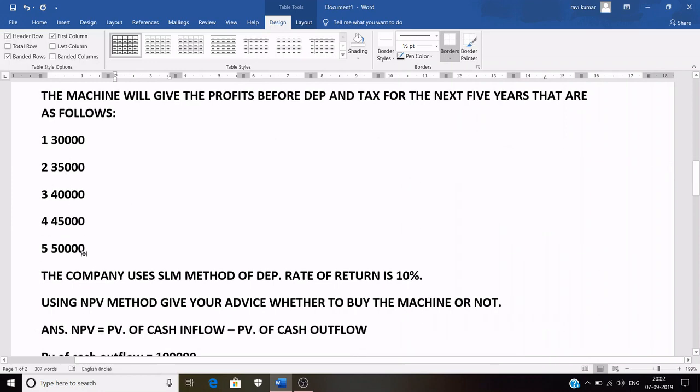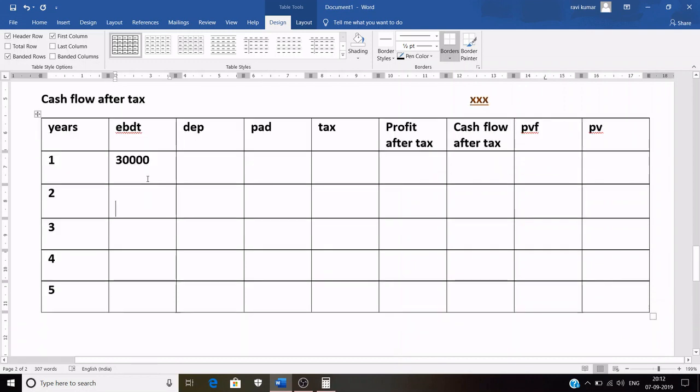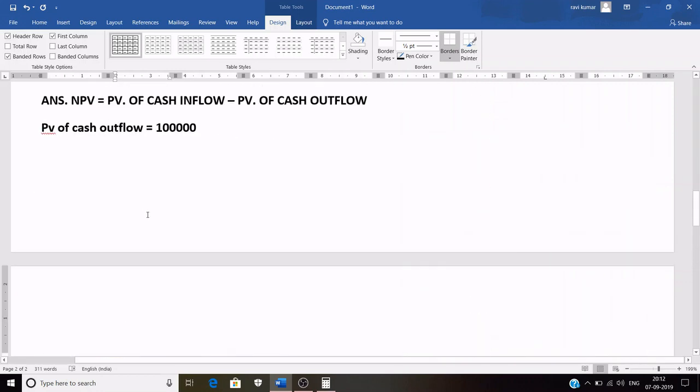It is increasing by 5,000 each year. So write down 30,000 in the first year, 35,000 in the second, 40,000 in the third, 45,000 in the fourth, and in the last year 50,000. That is already given in this question.